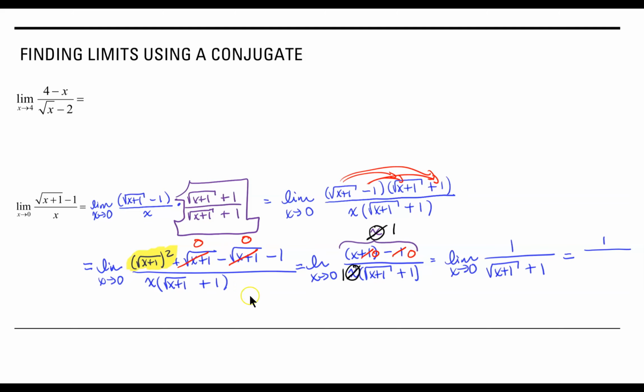And as x gets closer and closer to 0, this square root of x plus 1 gets closer and closer to the square root of 0 plus 1, or the square root of 1. So I have something like square root of 1 plus 1. And of course, the square root of 1 is 1, and 1 plus 1 is 2. So this limit is 1/2.